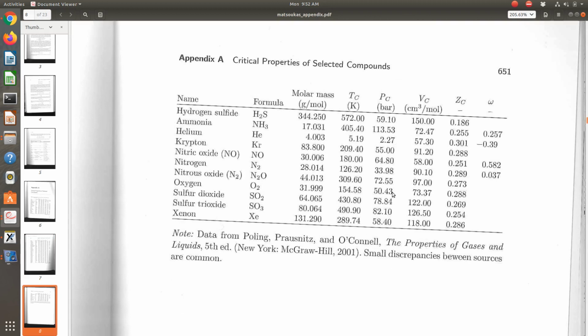If we look at oxygen, the critical temperature is essentially 155 Kelvin, and the critical pressure is 50 bar. So if I'm at atmospheric conditions, 298 Kelvin and 1 bar, the ambient temperature is beyond the critical temperature of oxygen. The critical pressure is greater than ambient pressure, but ambient temperature is well beyond the critical temperature of oxygen.